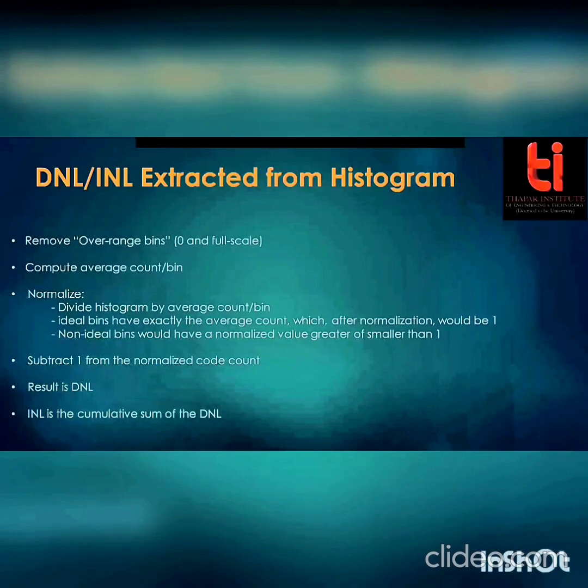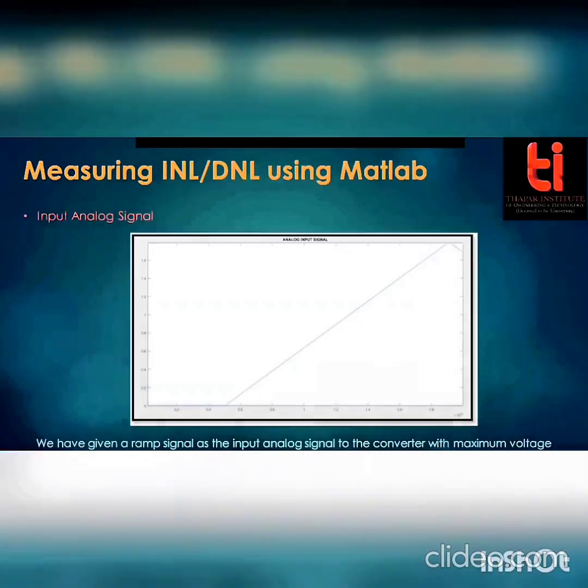But non-ideal bins have a normalized value greater or smaller than 1, which means some DNL error is present. So we subtract 1 from the normalized code count. The result is the DNL error, which can be negative or positive depending on whether the width is smaller or greater than 1 LSB. The integral nonlinearity is just the cumulative sum of the DNL. To calculate the INL, we do the summation of all the DNLs up to that point.